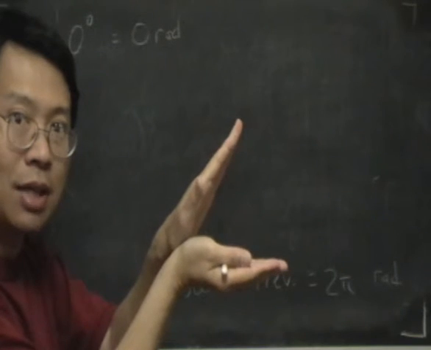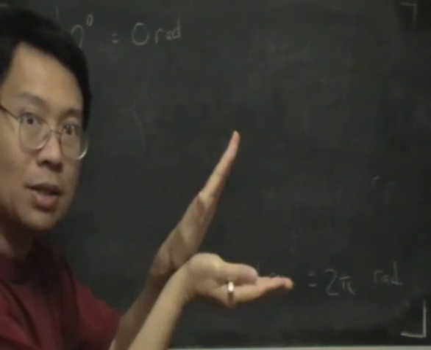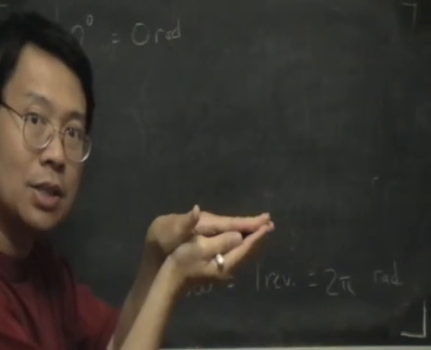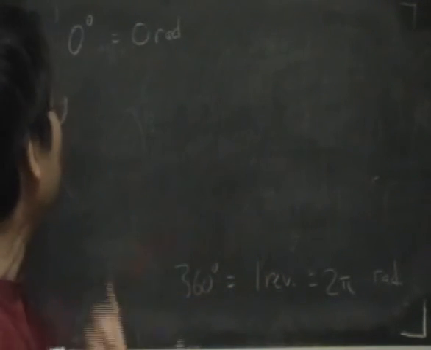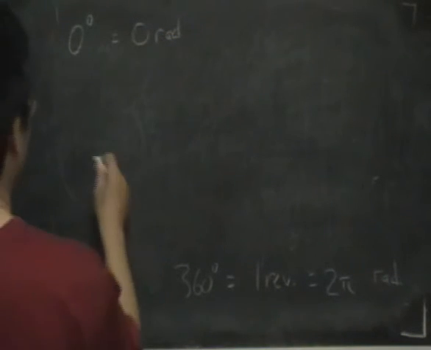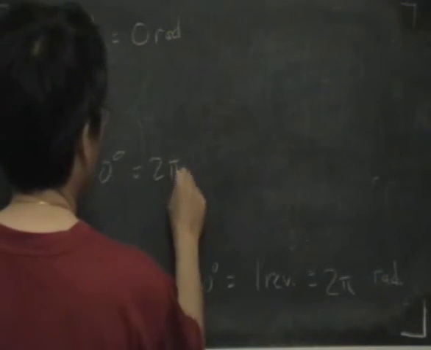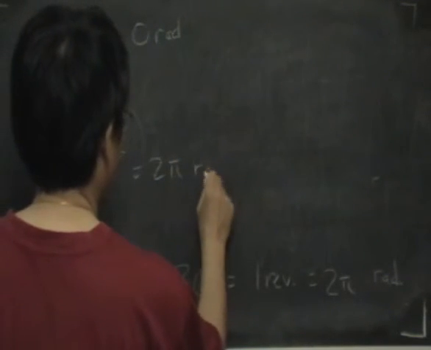Right? You have arc length joining the two lines if you open up the angle, but if the angle is 0, that arc length is 0. So therefore it is 0 radian. And if you have 360 degrees, it is 2 pi radians.